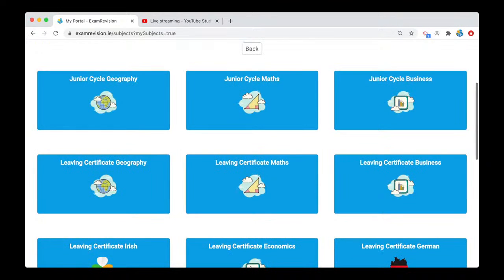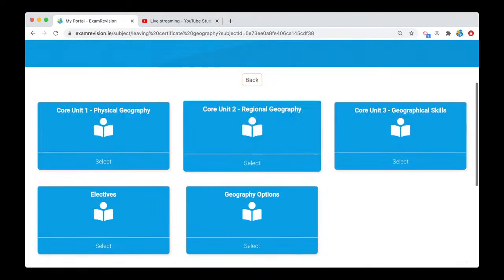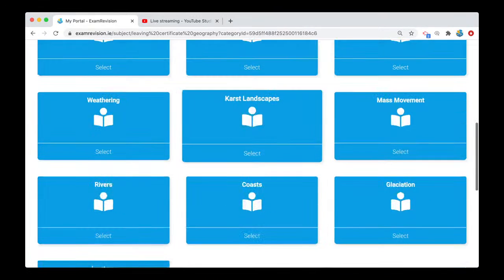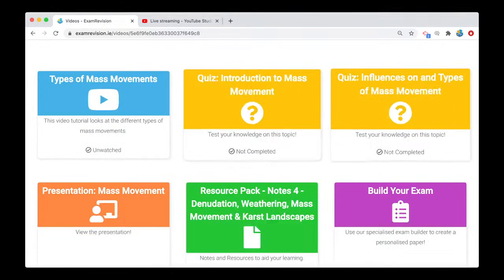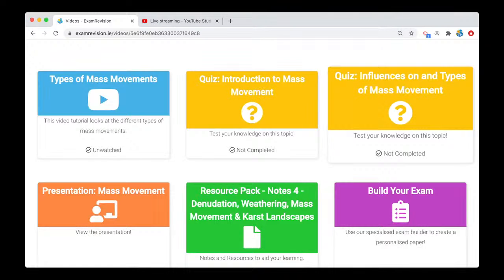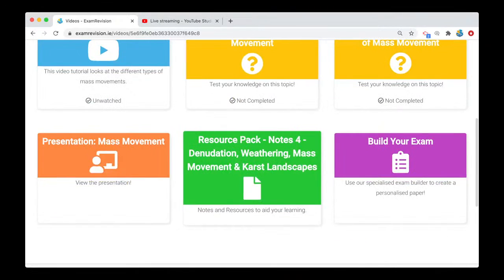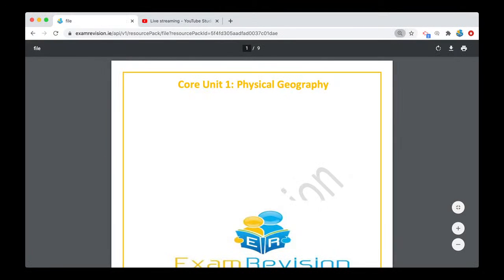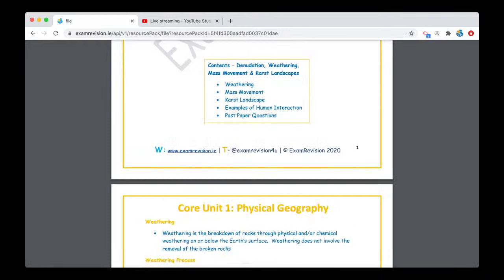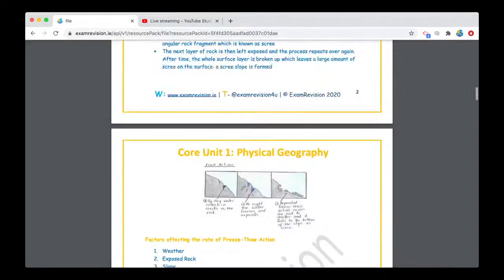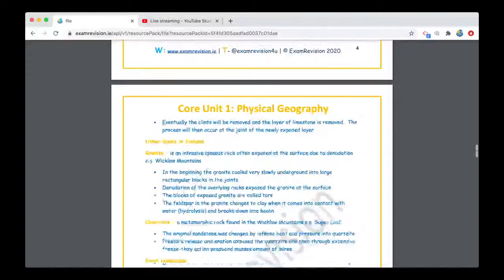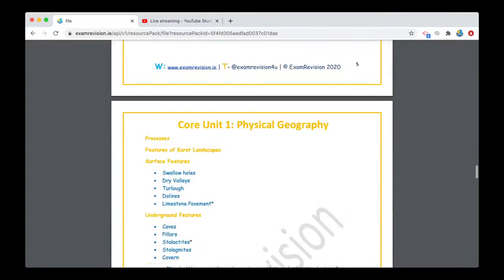They're all compiled by expert teachers in their field, and the whole course is complete for you with notes, PowerPoints, video tutorials so you can teach yourself, and quizzes that they correct and show you the exact answer. But the really great thing for students is the notes. This one's on weathering, mass movement, karst landscape, examples of human interaction, and past paper questions. Everything is nicely laid out, really concise but really detailed.